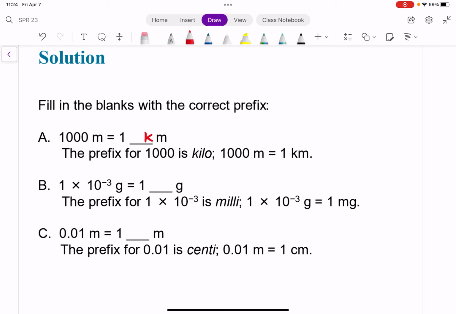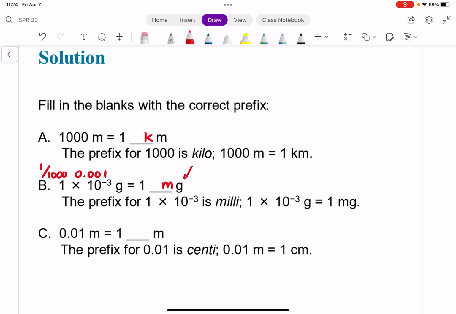All right, and then this is milligram. 1 milligram is 1 times 10 to the negative 3 grams. A fractional amount, right? We've got that negative sign in front of our exponent. So you could also write this as 0.001 or even 1 over 1,000. 1,000th of a gram is 1 milligram, okay?